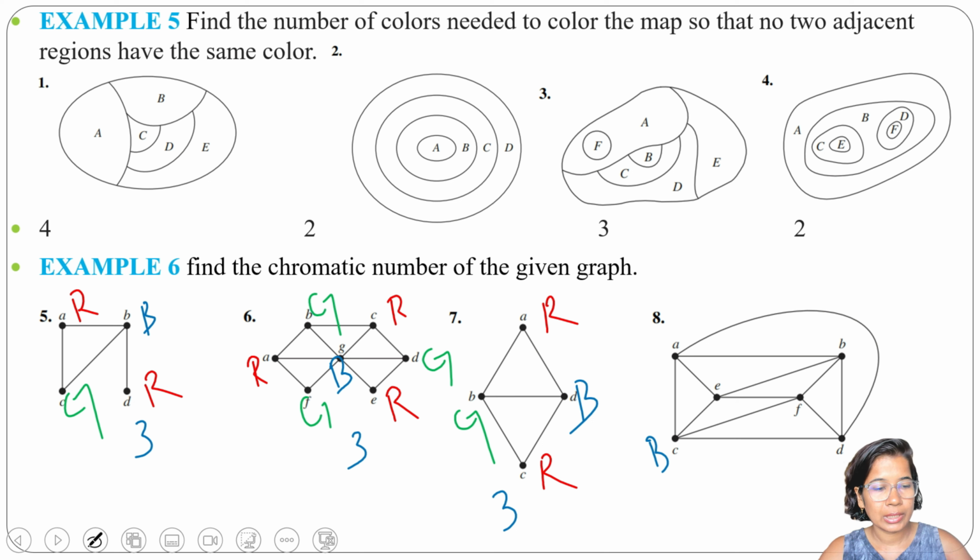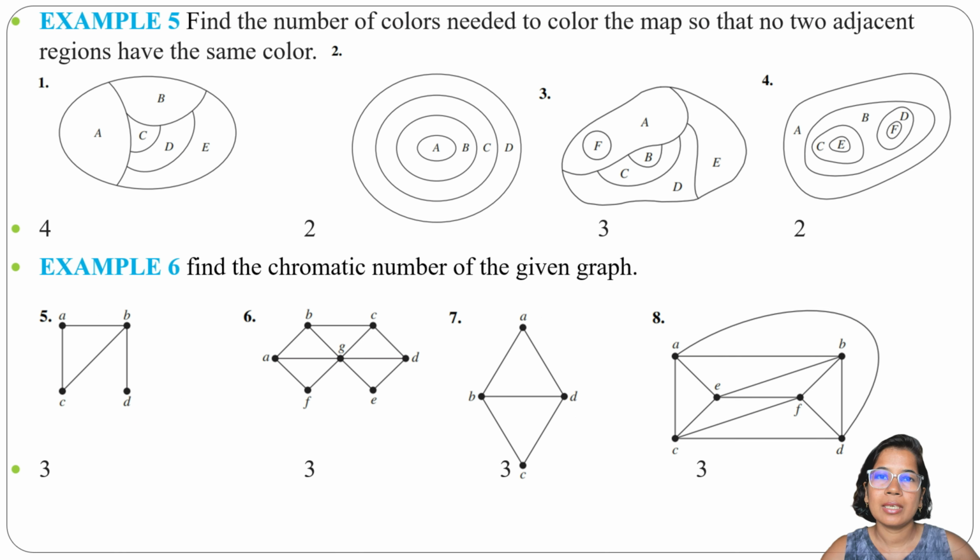All are adjacent to C, but B can be blue. Next, A I can assign red. If A is red, E, C and B cannot be red, but F can be red. Next, I can assign green to E and D. So in total I need 3 colors. Example 6, for all graphs we need just 3 colors.